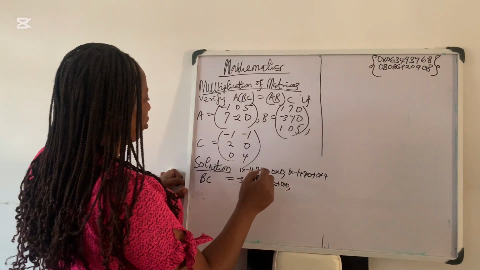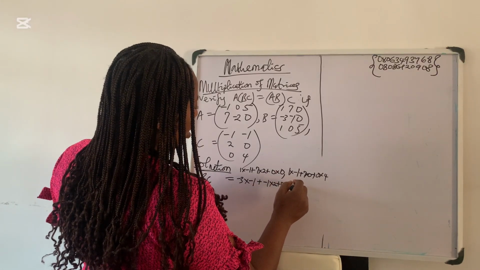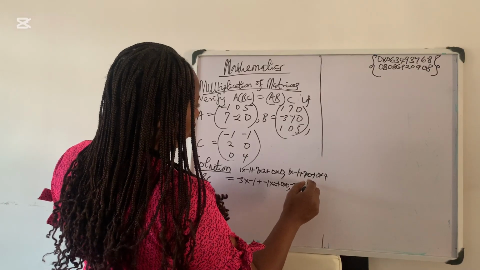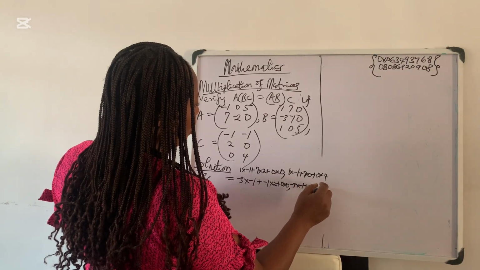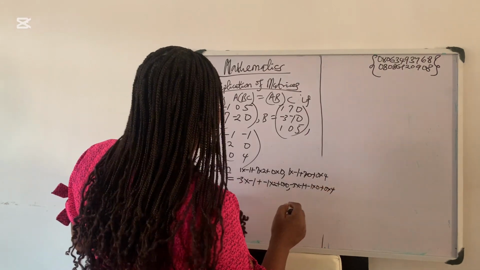You still use that row to multiply the next column: minus 3 times minus 1 plus minus 1 times 0 plus 0 times 4.